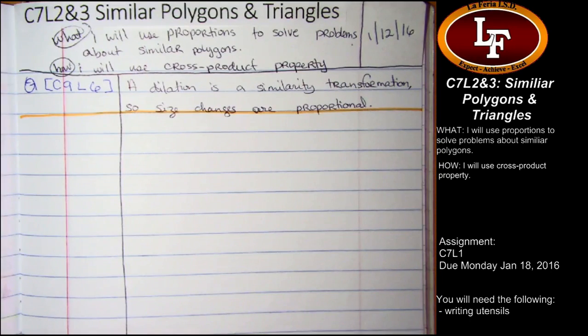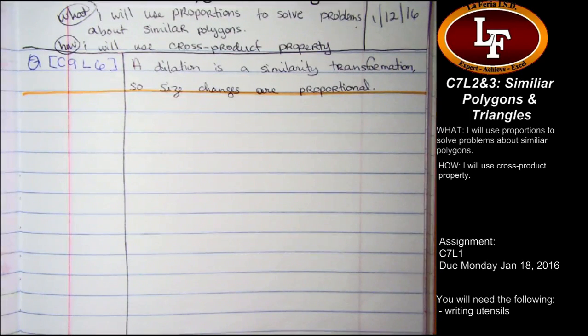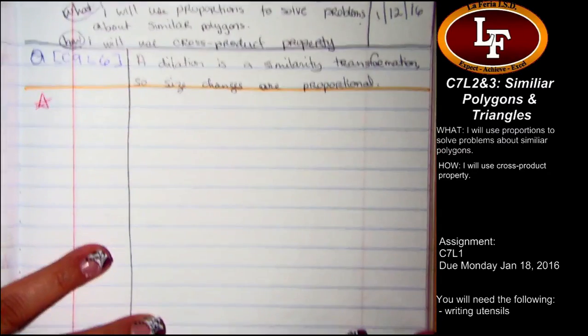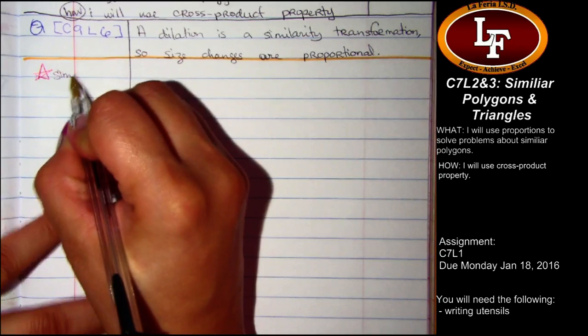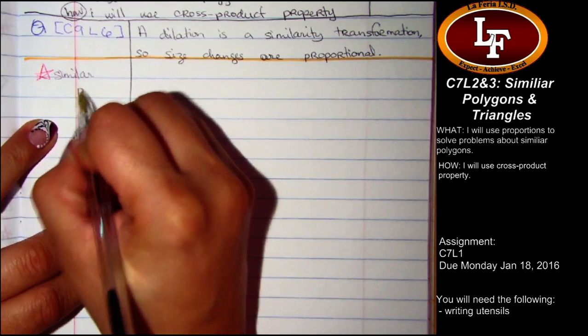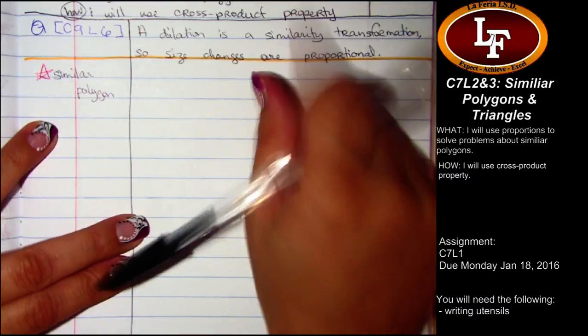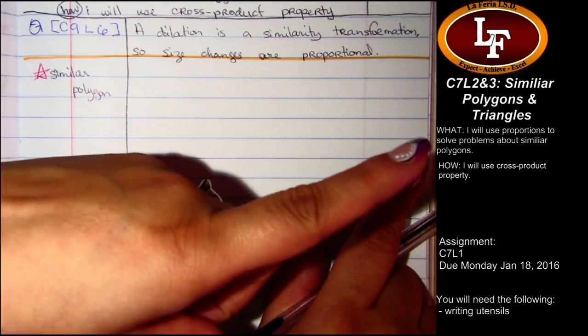So what we're going to do in this particular lesson is going to feel a lot like the dilations that you are already used to. Our first topic is going to be defining similar polygons. Remember that triangles are polygons, so we can deal with triangles too, as the title under here, the La Feria logo, says.